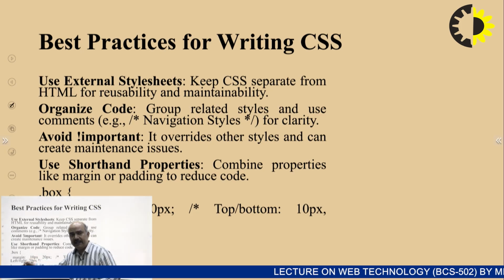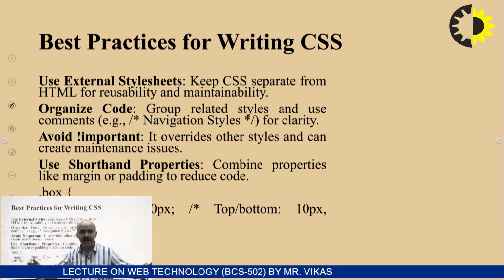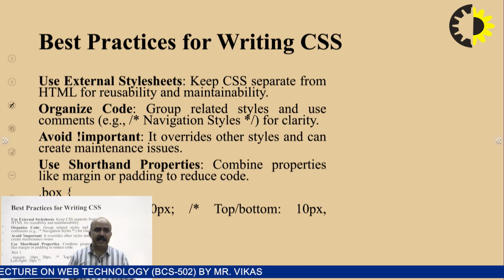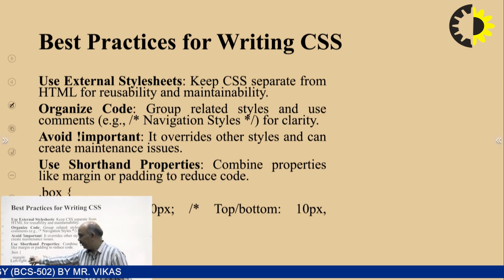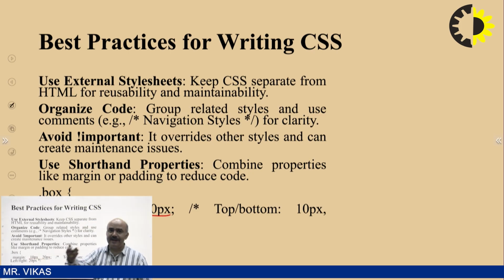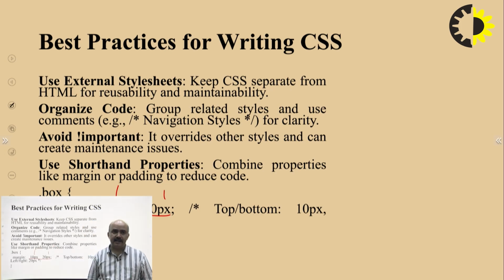Then instead of writing each side separately, we can write 10px 20px. Whenever the web page opens, it will automatically read that the first value is for top and bottom, and the second is for left and right.